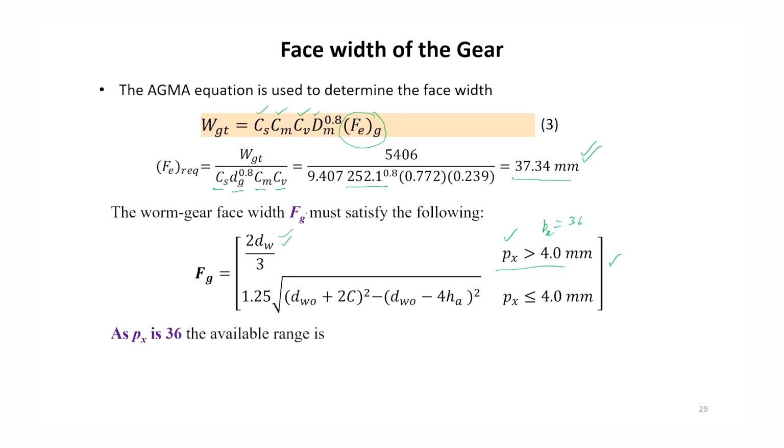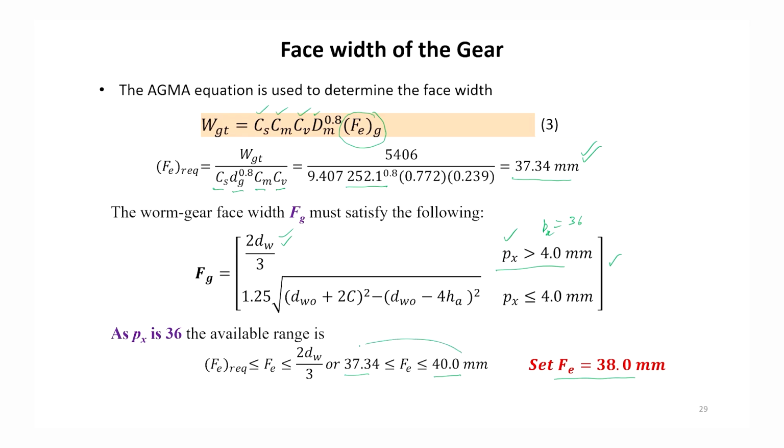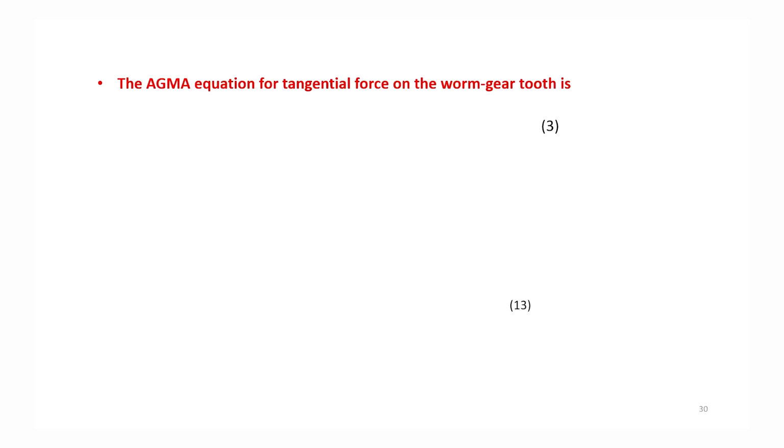Using this formula, we got Fe as within this to this. This is the calculated one, and after substituting this 36, we got this 40. And so the effective face width is taken as 38.0 mm from this range. So effective face width of the gear is 38 mm.